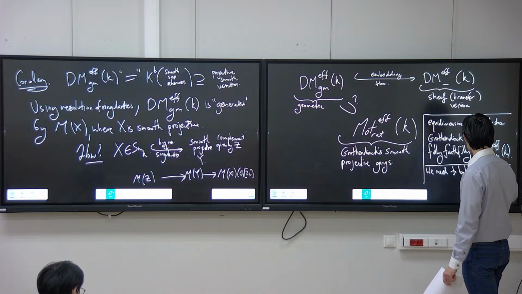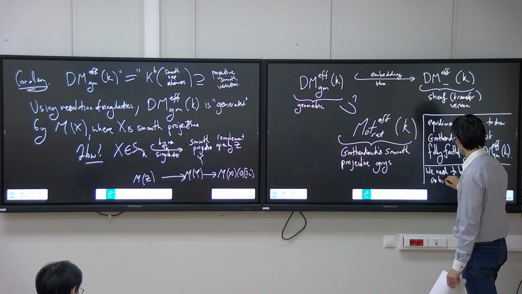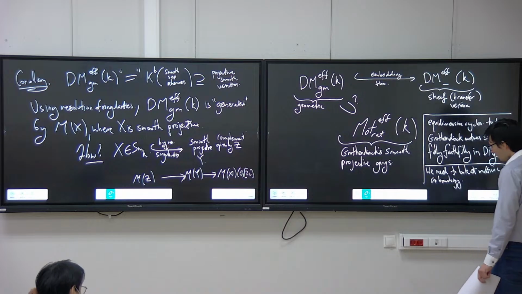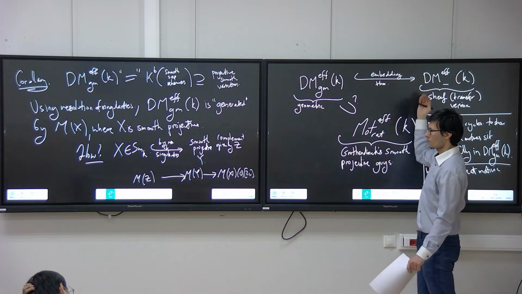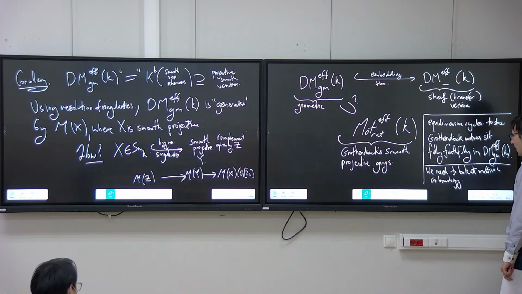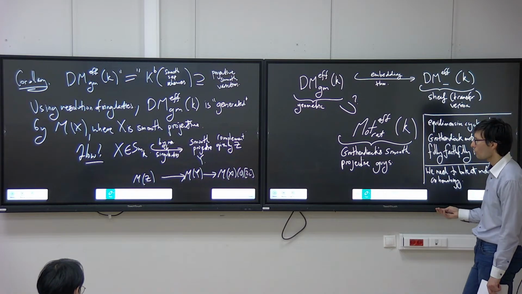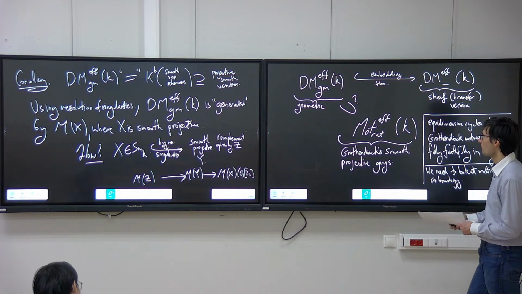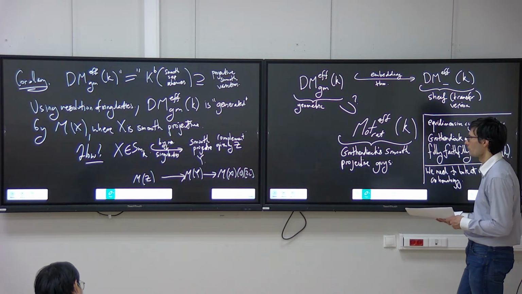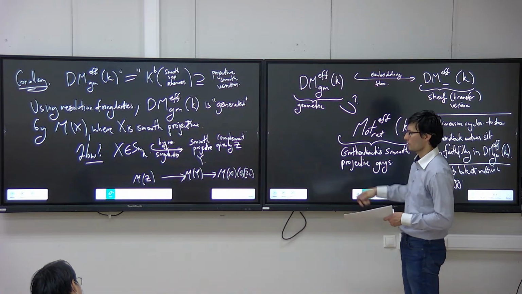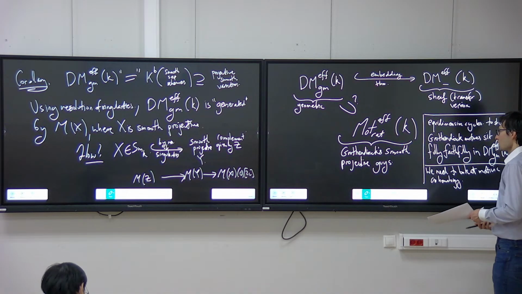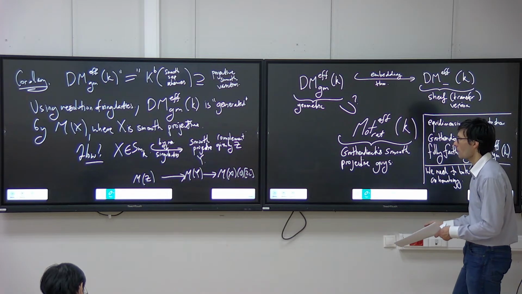motivic cohomology, which is basically studying Hom sets in these things. Historically in the literature, motivic cohomology was defined before these categories were well defined, and it was defined through something called Bloch's higher Chow groups.